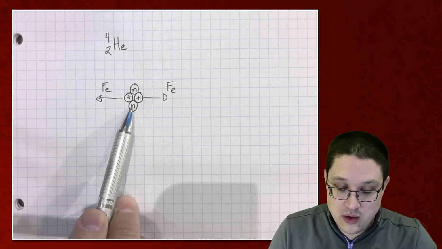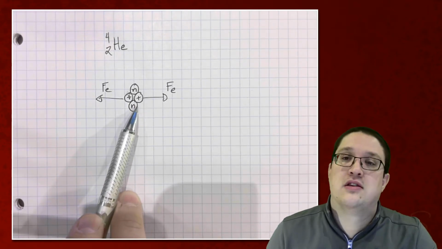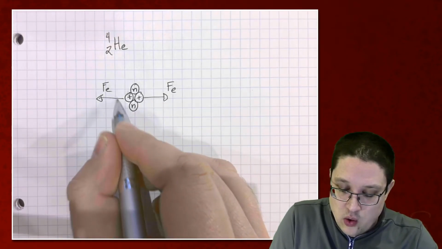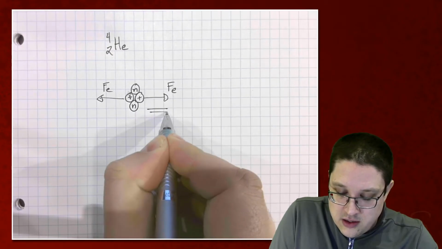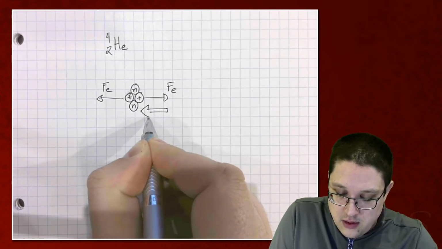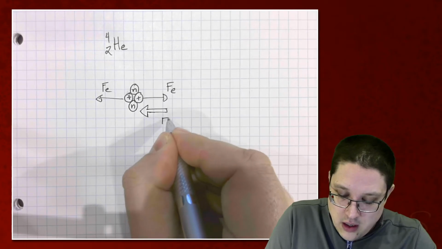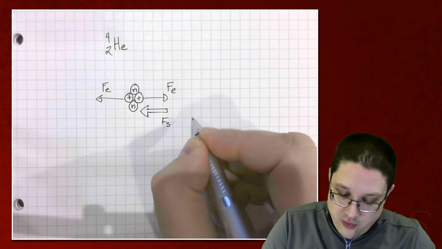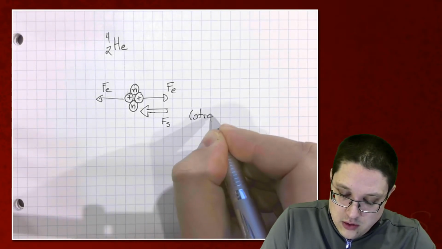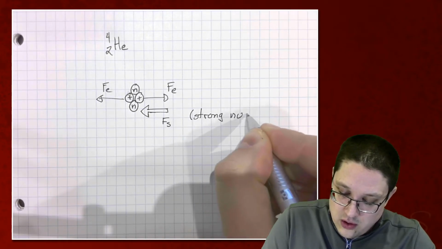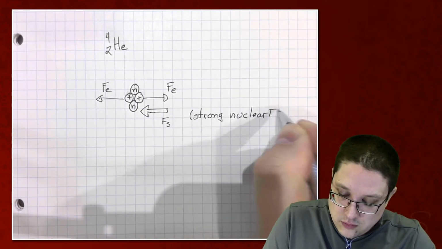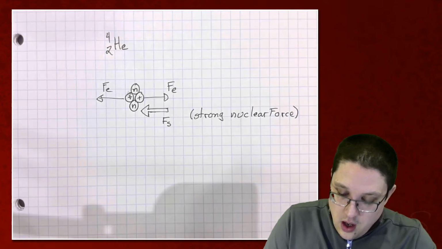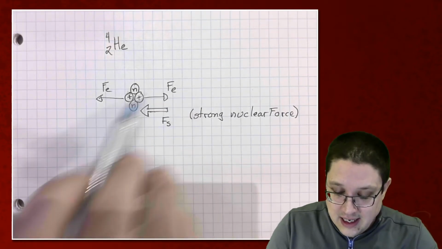Well, it turns out that there must be some sort of opposing force that holds this nucleus together. So we have a force here, which we call the strong nuclear force, which holds these together.